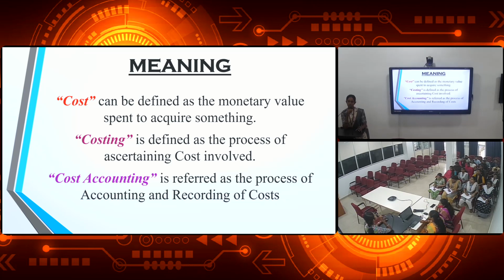And cost accounting means recording, or making a note of it. Cost accounting is referred to as the process of accounting and recording of cost which is involved in producing the particular product.